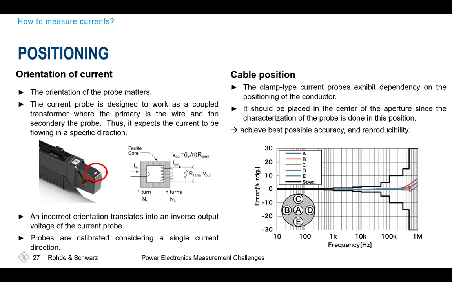So if you think about today's switching topologies, where you easily have about 2, 3, 4 megahertz of switching frequency, it strongly depends on your position how your measurement is affected at the end. And that's very important to keep in mind. If you have the chance to get a certain adapter in between to fix the position, this will significantly improve the reproducibility of your measurement.